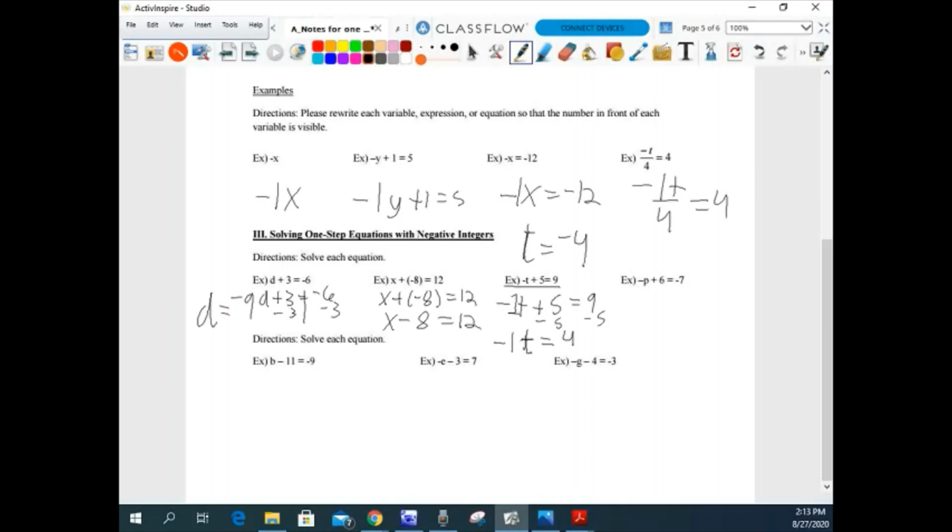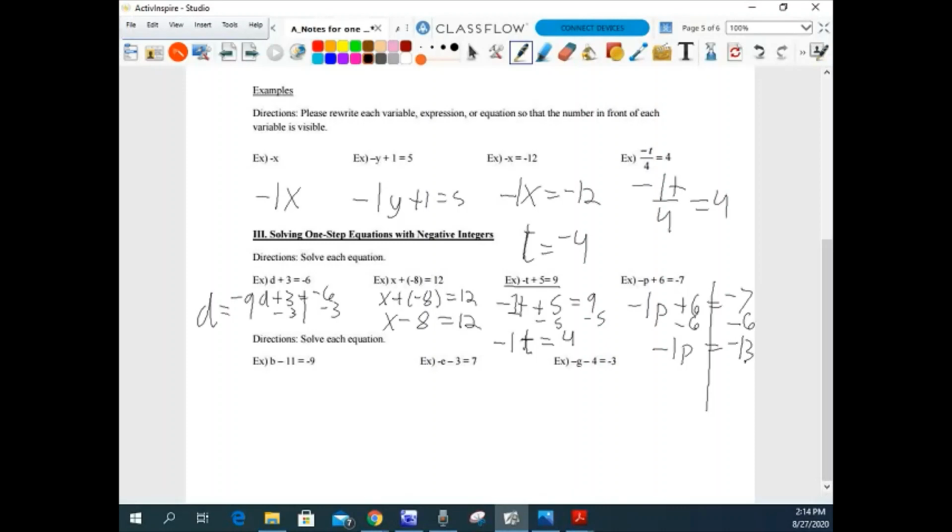Let's do this over here. Negative, let's rewrite with the 1, p plus 6 equals negative 7. Let's draw a little line. So we need to get rid of this plus 6 first. Minus 6 from both sides. So now that's going to give us negative 1p equals negative 7 minus 6, which is negative 13.